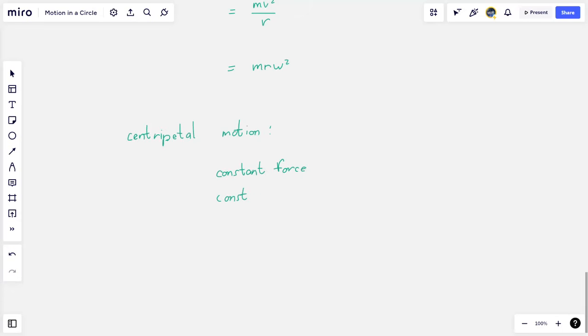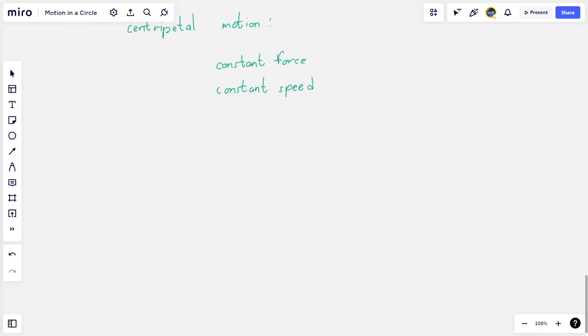Velocity won't be constant, but the speed certainly will. And we need that the force and the motion need to be not parallel, but perpendicular to each other. That's the symbol for perpendicular.